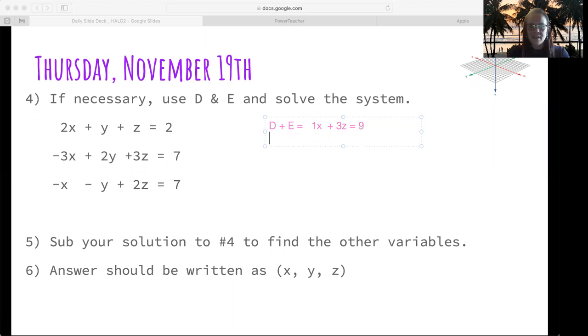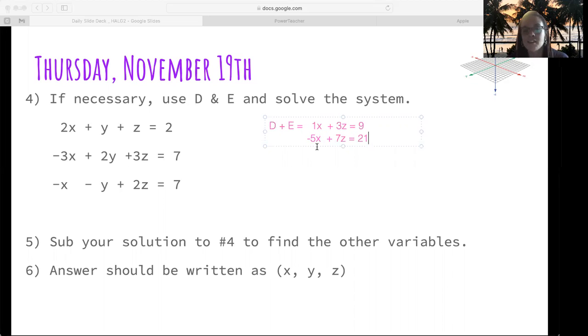And then my E, I got negative 5x plus 7z equals 21. So you can see why I told you it's really important that you eliminate the same variable. In step 2, when we did A plus C, we eliminated y. And then in step 3, we did B plus C. We also eliminated y because look what happens.